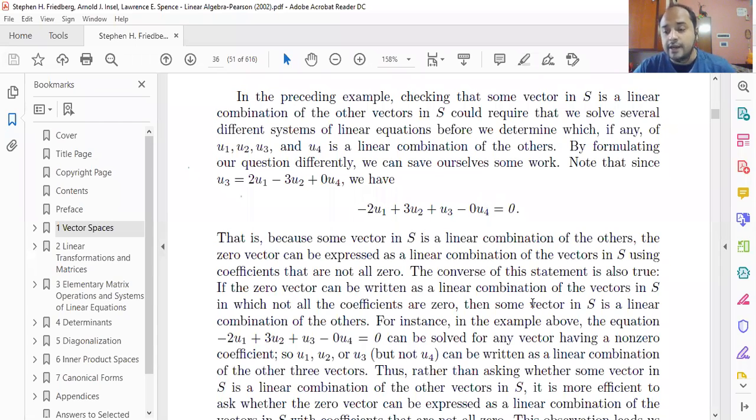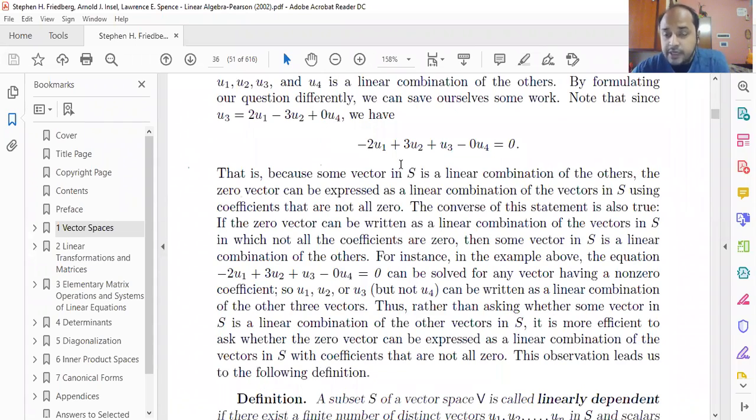That is also a kind of checking. The interesting point here is that we have successfully expressed the zero vector as a linear combination of the four vectors U1, U2, U3, and U4.